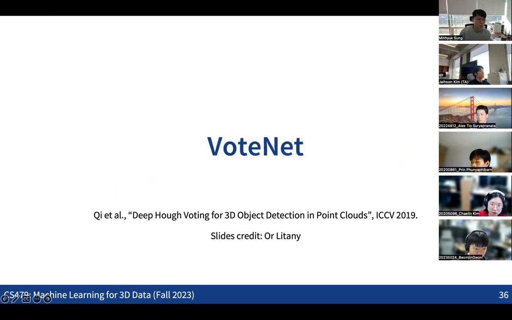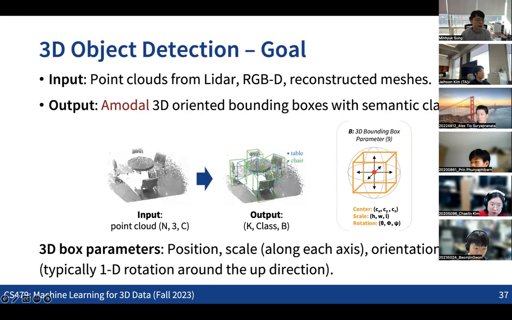The goal of VoteNet is that we take a 3D point cloud as input. Whether we have real scans, reconstructed meshes, or even NeRF reconstructions of these scenes, we can convert everything into a point cloud, and we assume this point cloud is the input.